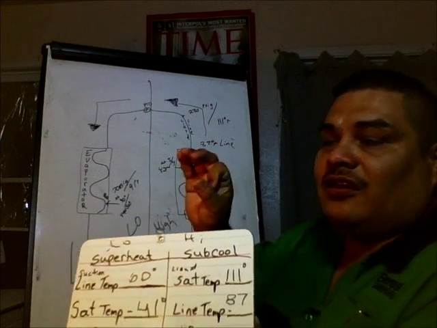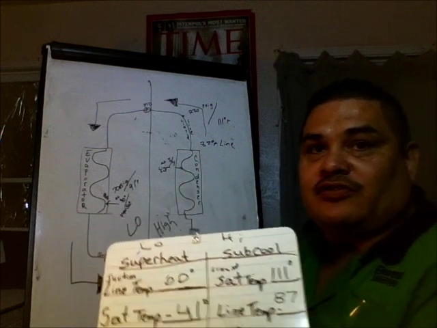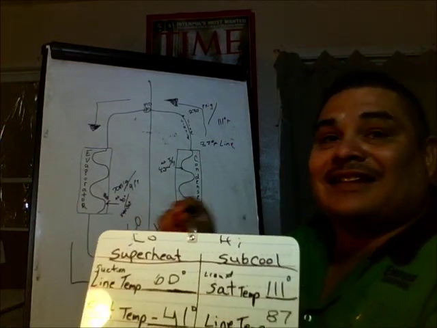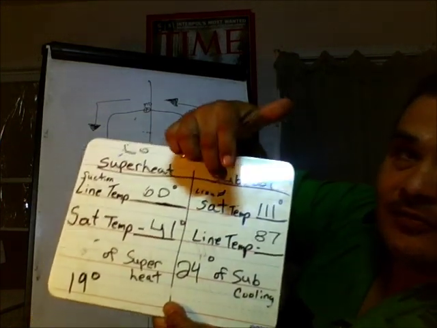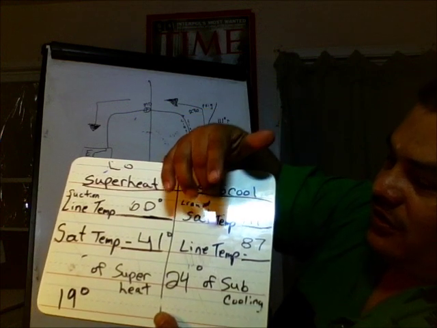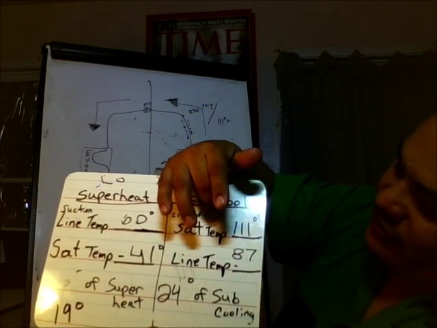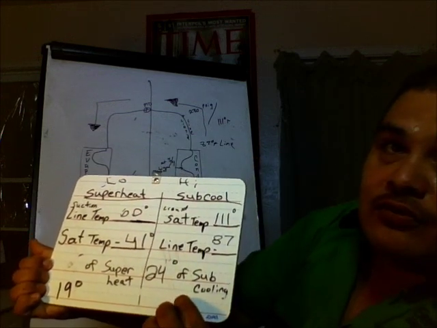That's a thin copper piping coming out of the condenser. You would take the line temperature there, get a piece of tape, wrap it around it, and take the temperature. I got 87 degrees, and subtracting it from the saturation temperature of 111 gave us 24 degrees of subcooling.